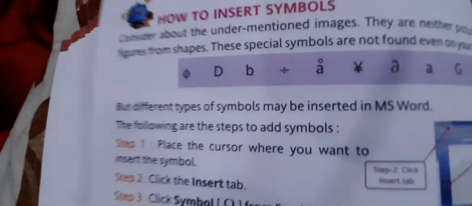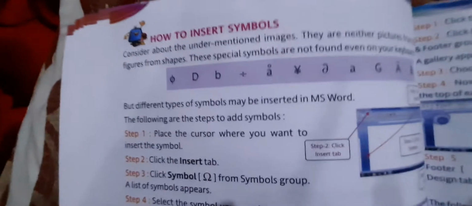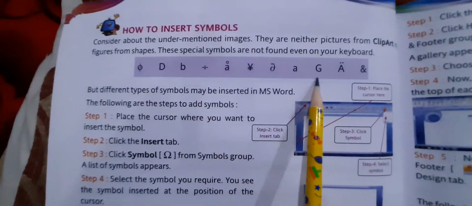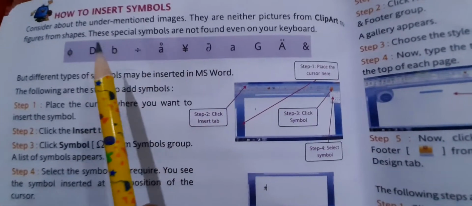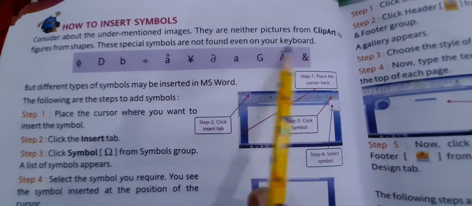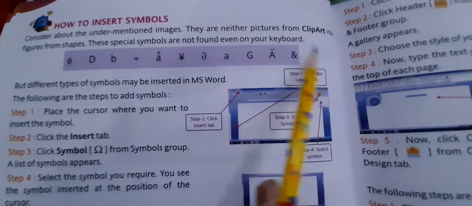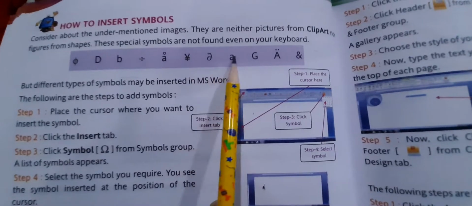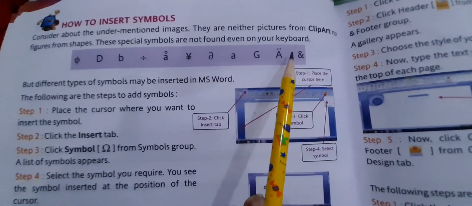Now, how to insert symbols? At times we need to insert symbols. So let's see how we can insert symbols like this. Consider the under mentioned images. They are neither pictures from clip art nor figures from shapes. These special symbols are not found even on your keyboard.